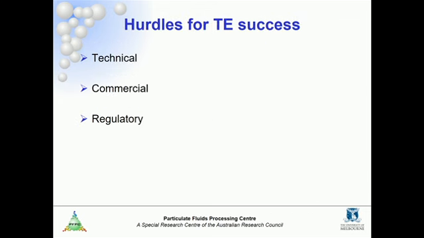Well, there are hurdles, of course, like any new therapy, and tissue engineering is complex. So we have technical challenges, and I'll talk some more about some of those today. But there are also significant commercial challenges about how you get funding, how you create new companies, how you overcome the risk of this field. And there are regulatory hurdles, because the regulators, like the Therapeutic Goods Administration or the FDA, are still developing their rules as the technology develops.